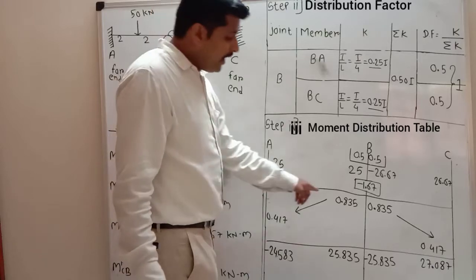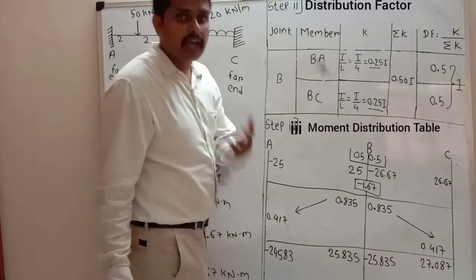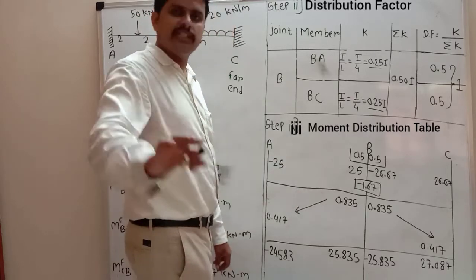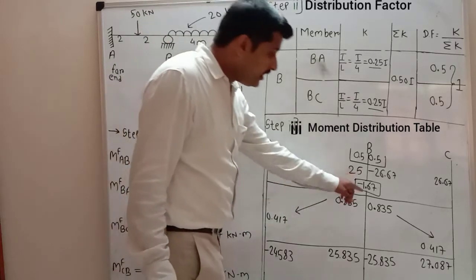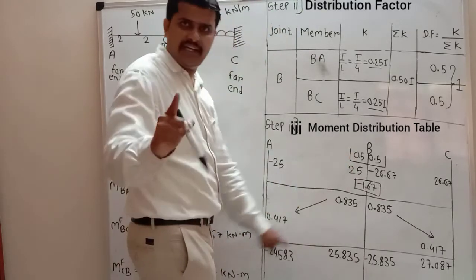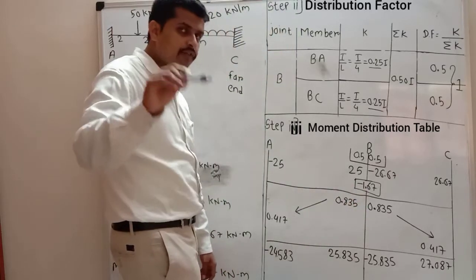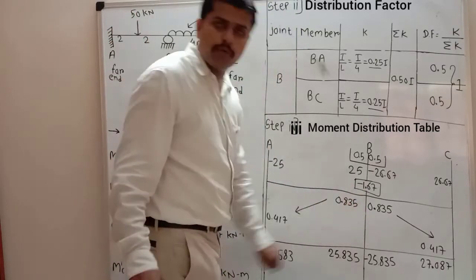But while writing the values, we have to write with opposite sign. So minus 0.835 will be plus 0.835. Here also minus 0.835 will become plus 0.835.